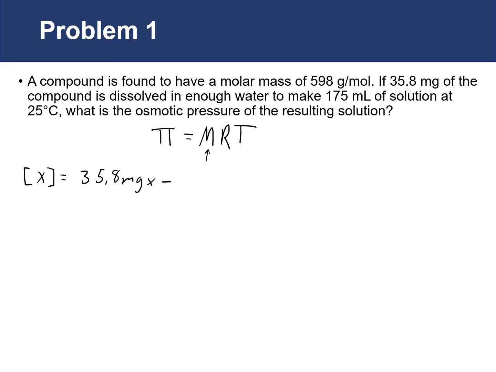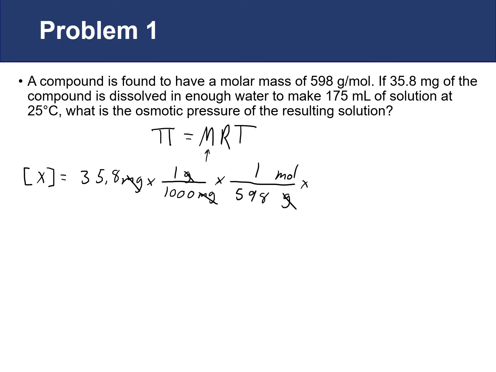We need to convert this into grams in order to use our molar mass. 1 gram is 1,000 milligrams. Our milligrams cancel out. Multiply this by our molecular weight with grams on bottom, moles on top. 1 mole is 598 grams. Our grams cancel out, giving us moles.